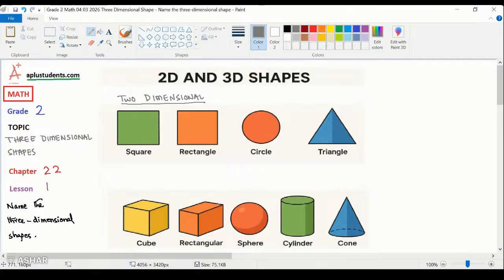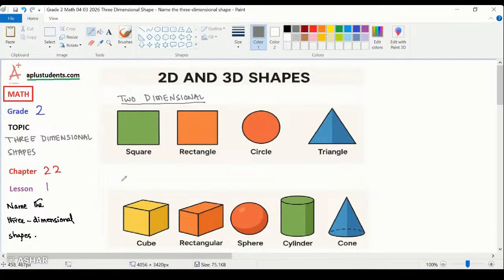The walls are 2-dimensional, but how many surfaces does the room have? 4 walls, the roof, and the floor. So when we are looking at the room completely, it becomes a 3-dimensional shape. But if we are looking at a single wall, it is 2-dimensional. Okay.